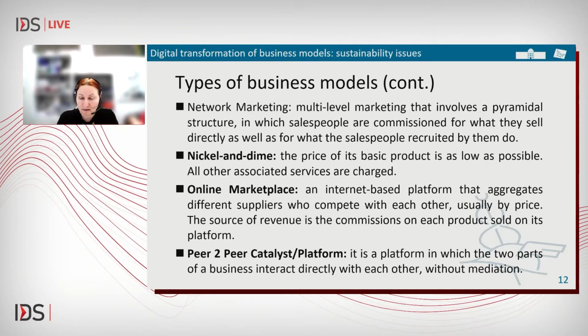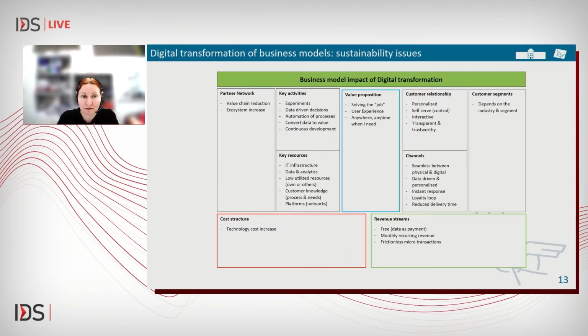Okay, and now if we look at business models for digital transformation, in the business model canvas we have to ask questions regarding these 9 building blocks. At first, value proposition.